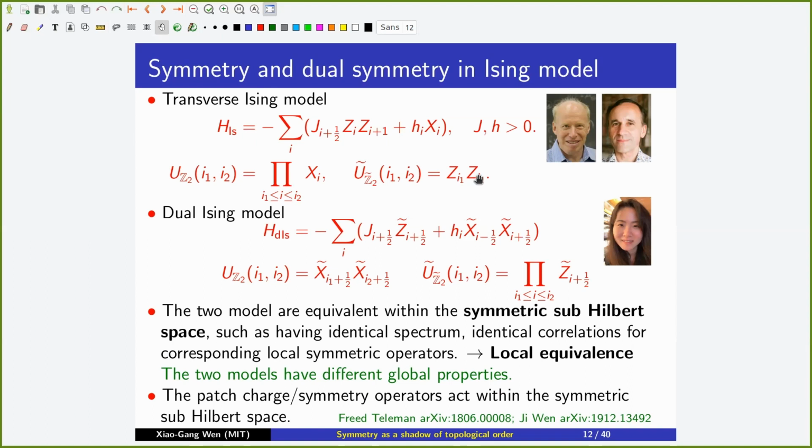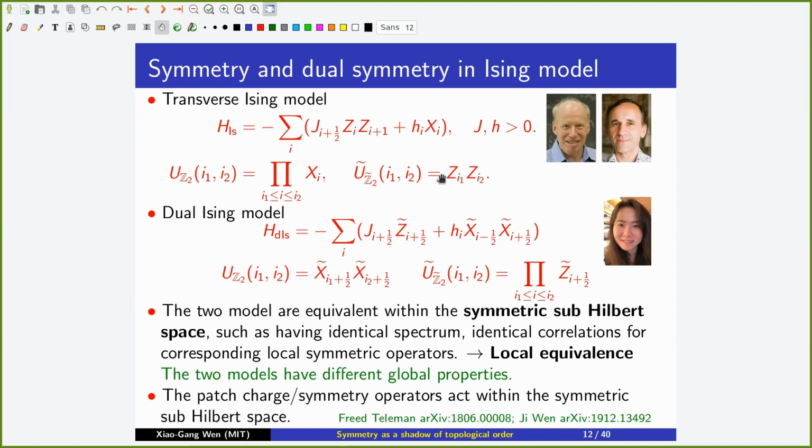When you have a model with periodic boundary conditions and you consider the dual symmetry on the whole ring, then these two boundaries kind of annihilate. They get nothing. So the symmetry transformation becomes trivial. This trivial symmetry transformation looks like there's no symmetry.